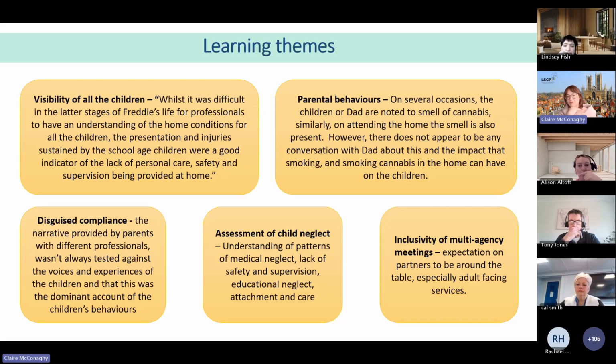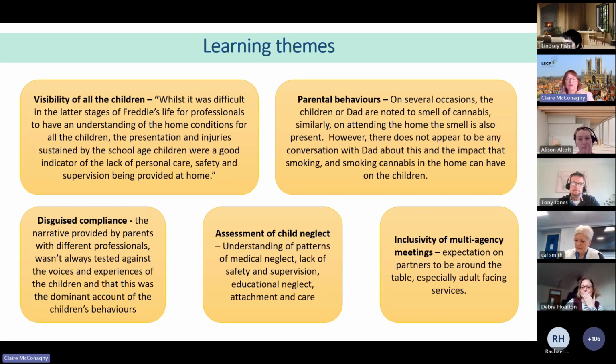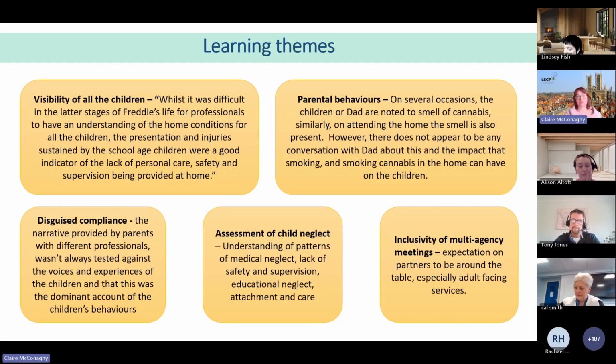So it just gives you a bit of a sliding scale around that. And that's why those have been designed. And then we've got the inclusivity in multi-agency meetings. So just making sure that we've got all our partners around the table, including adult services. And again, we'll touch on that in the session today.